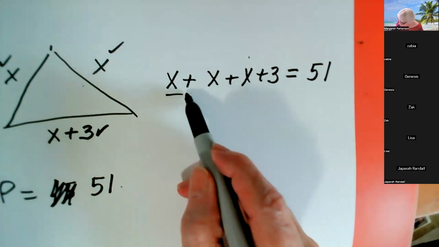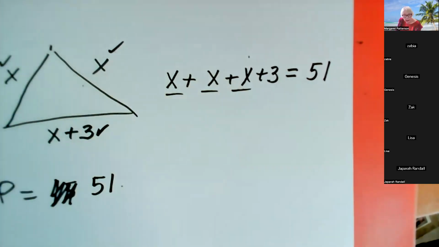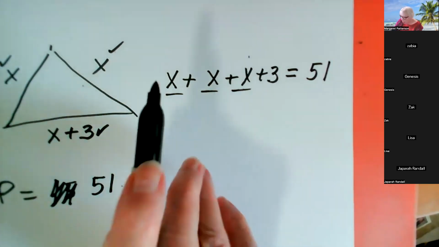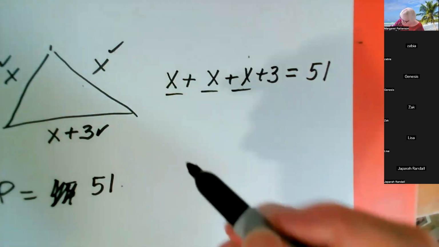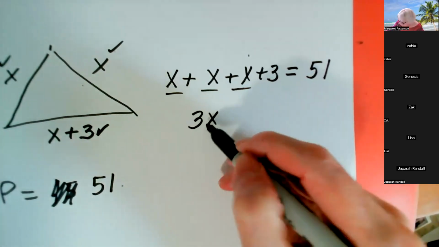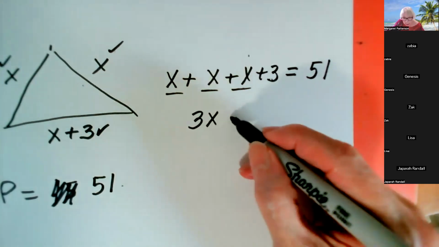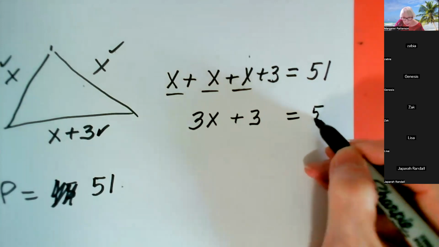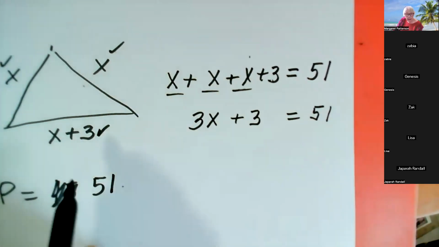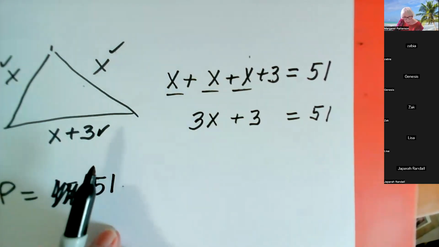Now, the question is, these 3 terms, how many X's do we have? 3. We have 3x. And then it's a plus 3, we can't throw that away, equals 51. So we've created the equation from the picture.